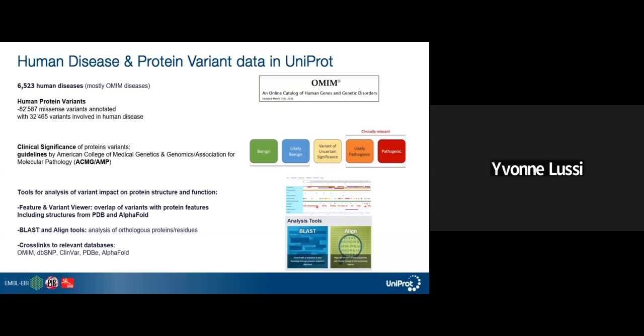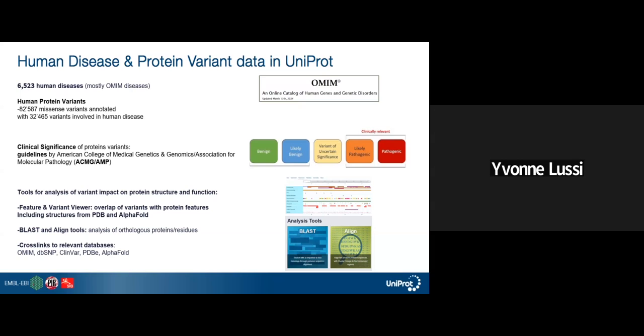We are using the guidelines of the American College of Medical Genetics and Genomics for the annotation of clinical significance of variants to assess the variant category and categorize the variants into benign, likely benign, variant of uncertain significance, and variants that are likely pathogenic or pathogenic.